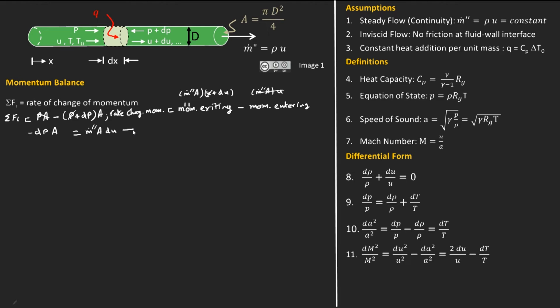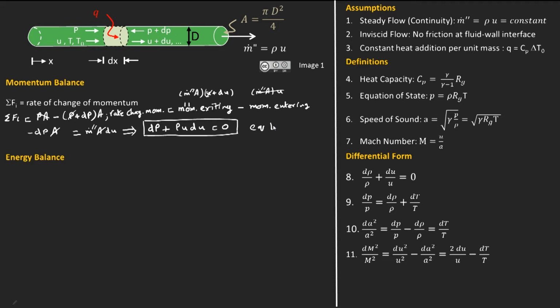Let me rearrange this expression after I cancel out the areas, and I'm going to substitute for m dot double prime using equation 1 here, and I'm also going to move this dp to the other side of the equation so that we get dp plus rho u du equals 0. This is the momentum balance for the case of flow with heat addition. Let's call this equation 1.